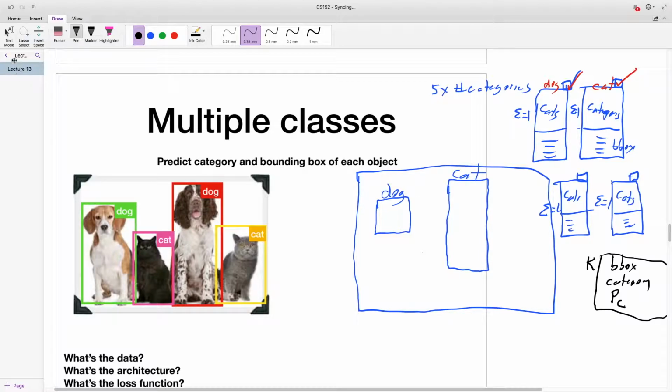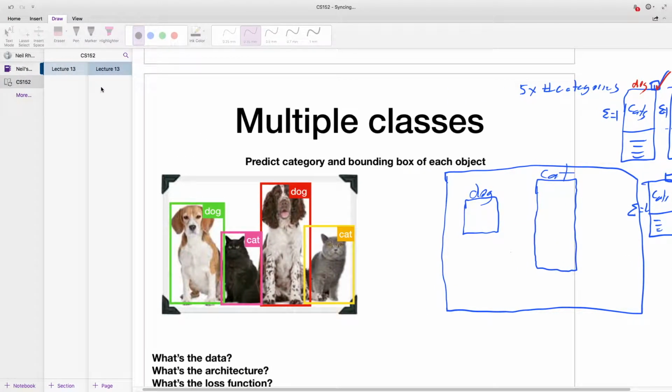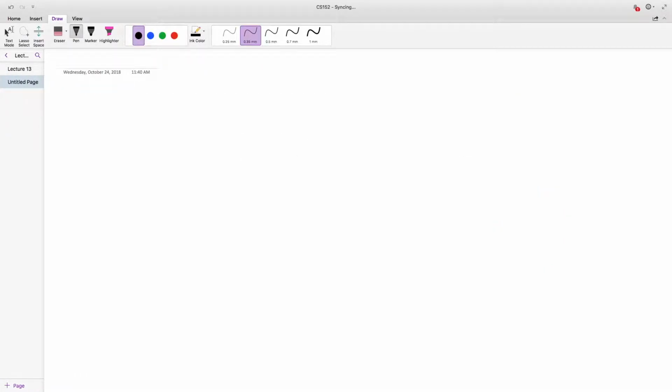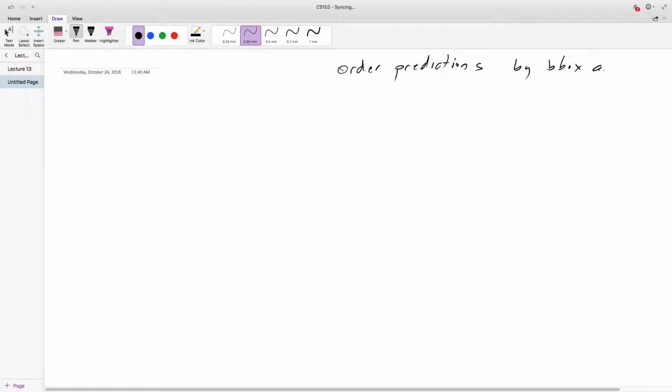Let's say we order the predictions by bounding box area, and we order the ground truth by bounding box area.